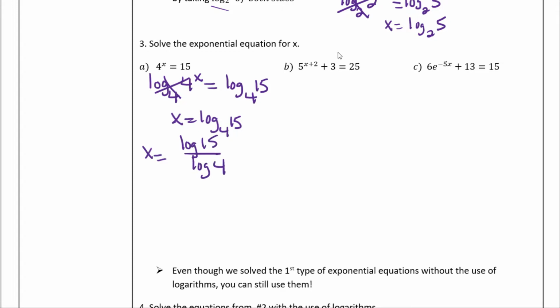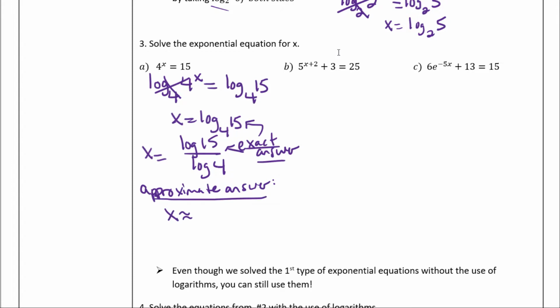All right, so if they want you to find the exact answer, then you can write it as this answer or that answer. But if they wanted you to find an approximate answer, then that means you'd have to actually do it on the calculator. So if you wanted to do an approximate answer, then we will do this on the calculator.